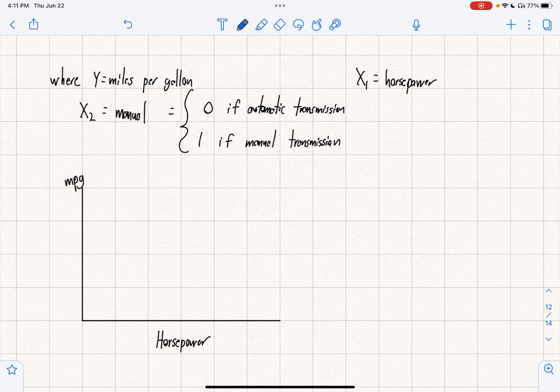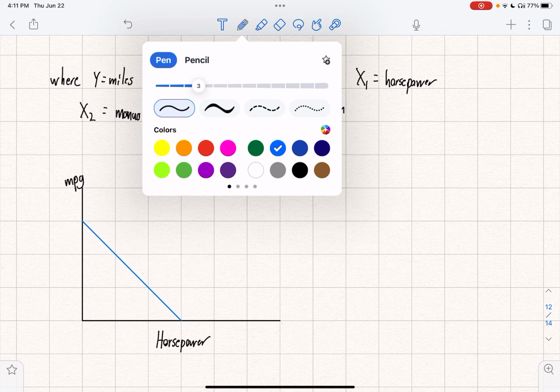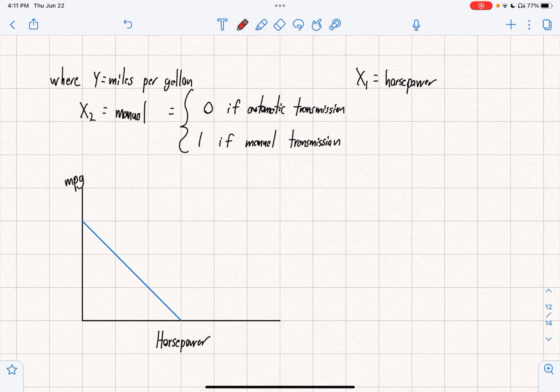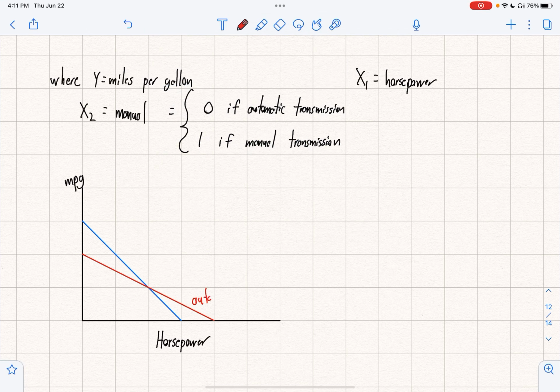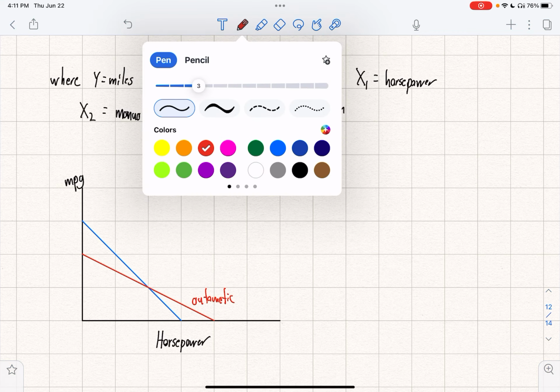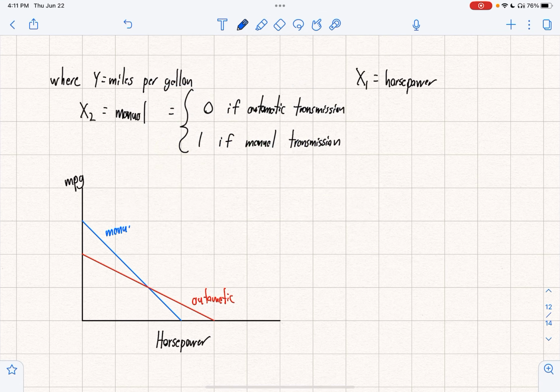We had manual transmission greater than automatic, but instead of two parallel lines, let's now draw it something like this. I'm going to say red is automatic and blue is manual. Just as before, b naught is the y-intercept for automatic, and b naught plus b2 is the y-intercept for manual.